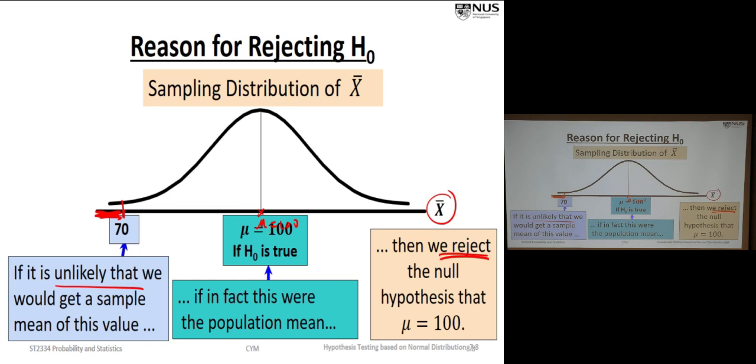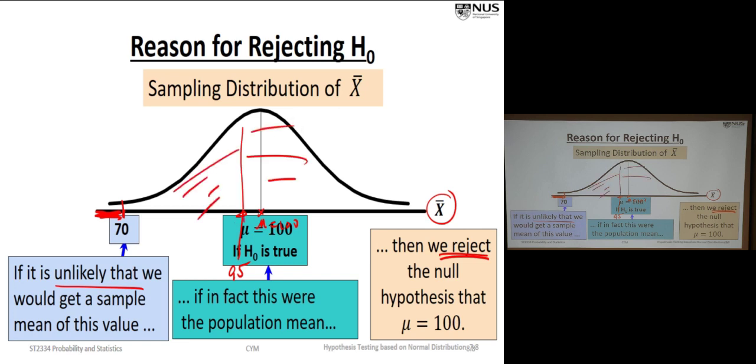Now if you draw a sample and check the value of X bar, let's say X bar is 95. If mu is 100, it's likely that you will see X bar 95, because the chance of X bar greater or equal to 95, or X bar less or equal to 95, is quite big.